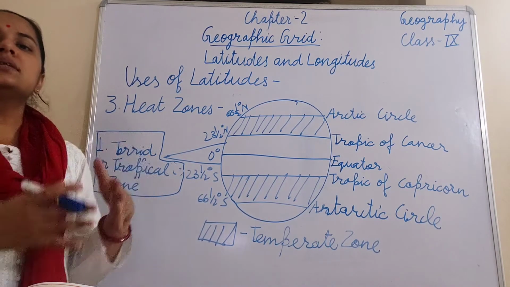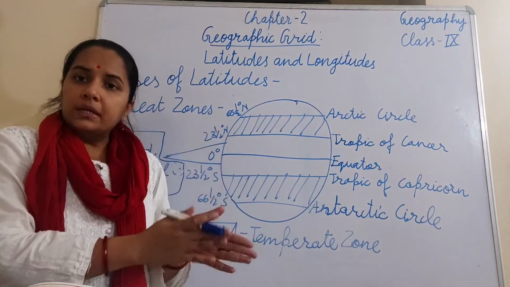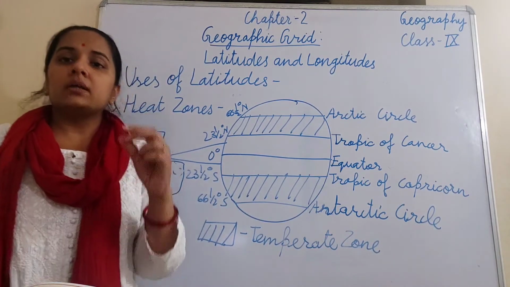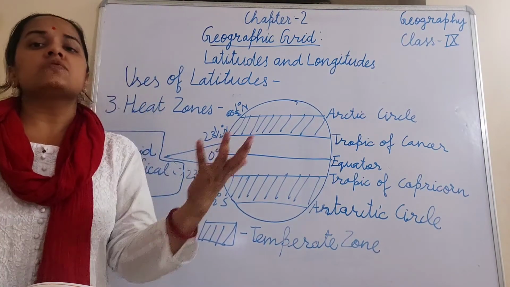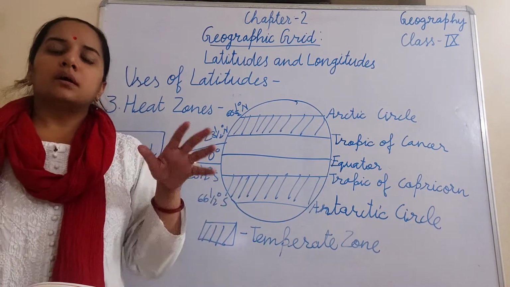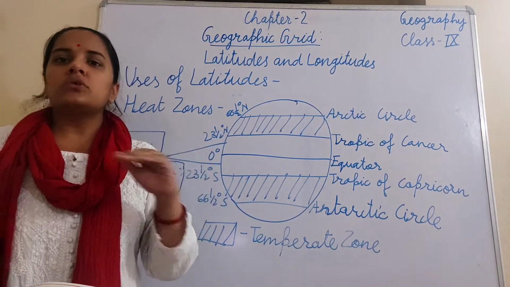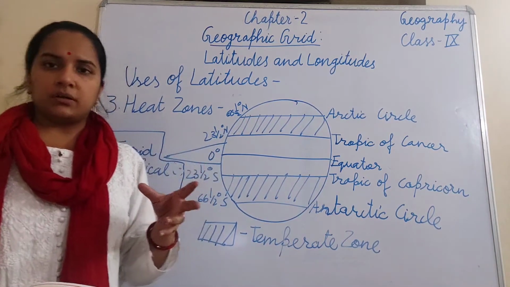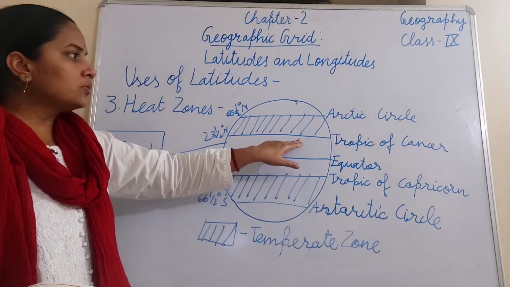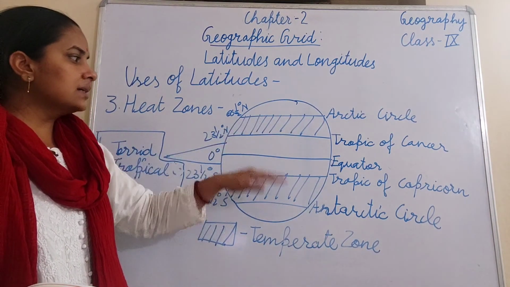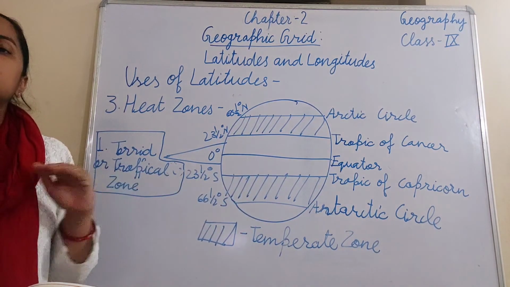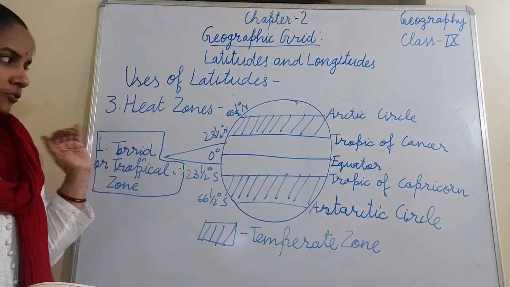Because it is neither very near to the sun nor too far. We learnt in chapter 1 that the temperature or the climate here is moderate. Same is the case for the temperate zone.